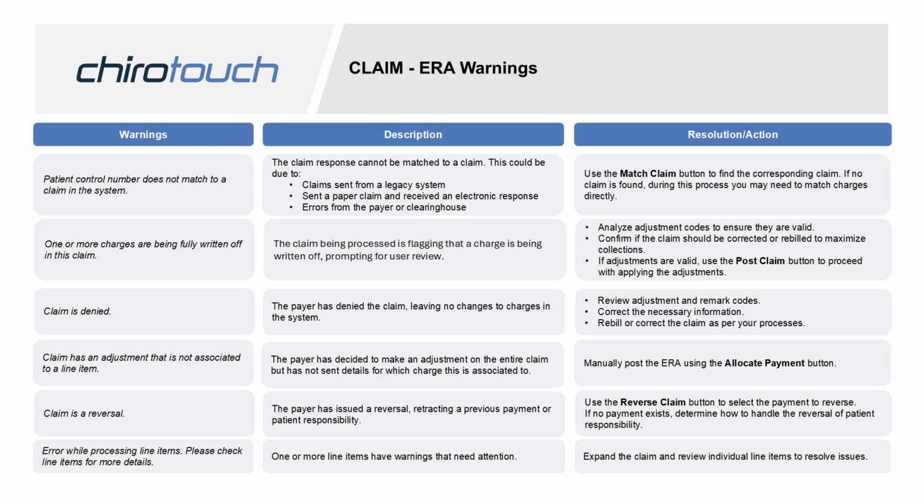So for instance, when we reviewed one or more charges, we were able to just hit post claim for that warning to get through it. So it's essentially we acknowledged it. For something like a denied, you need to mark it as posted if you want to clear that warning so it doesn't appear on your work list anymore. Because there is no action, you're basically saying, I'm marking it as posted, I'm acknowledging this, and that will clear your warning off the page for you.